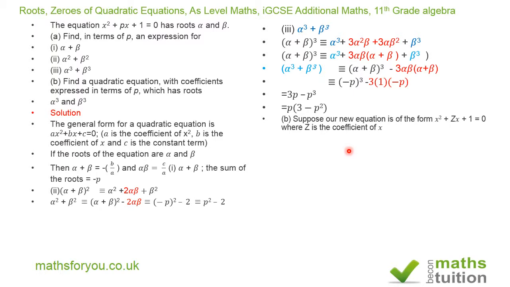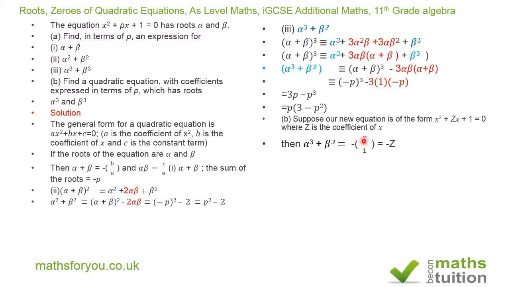Now, suppose that our new equation is x squared plus zx plus 1 is equal to 0. Now, z is the coefficient of x. So what we do is, we know that the sum of the roots of a quadratic equation is equal to minus the fraction formed by the coefficient of x, in this case z, divided by the coefficient of x squared, in this case 1.